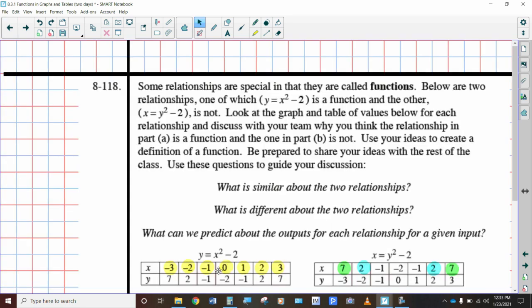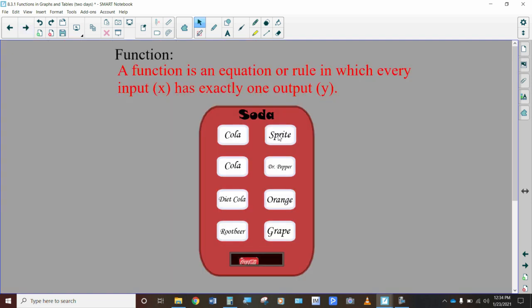Here you had one situation where you press this button and you got a -1. Here you press that button, you got a -1. You can press two different input buttons and get the same output. That is allowed. However, if you were to press the button for Sprite and you got a Coke, it's not functioning properly. So that would not be a function.